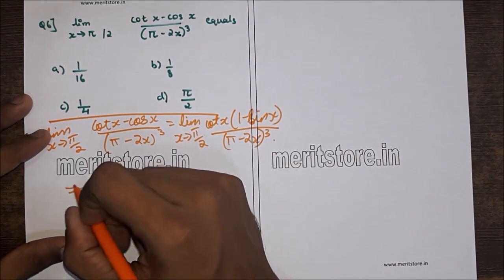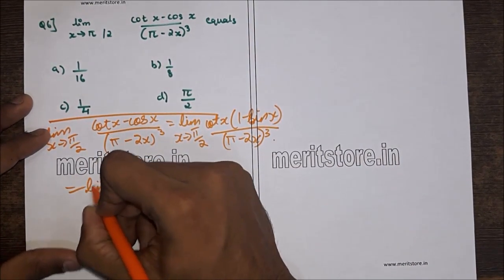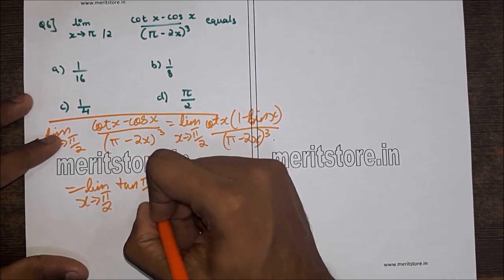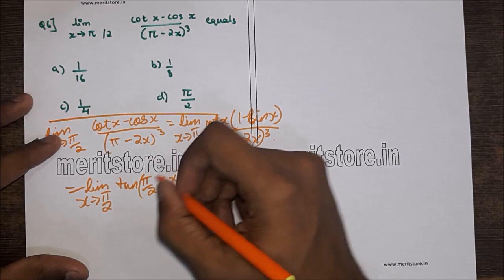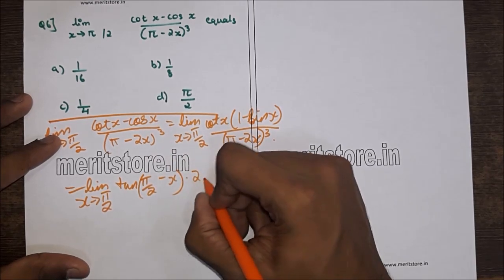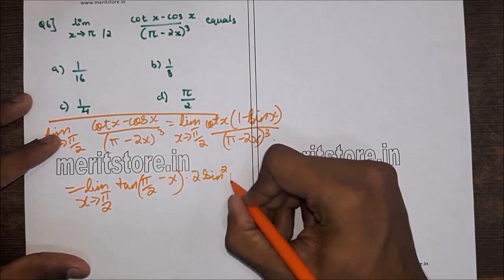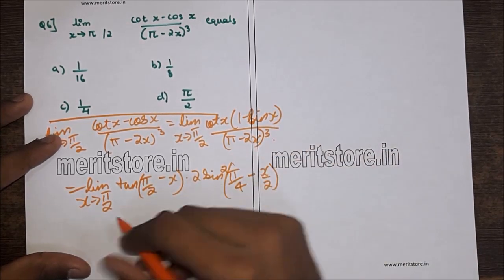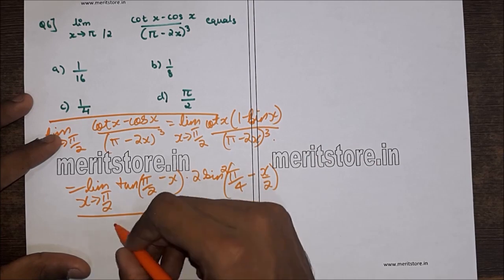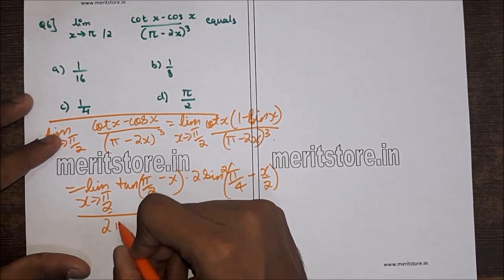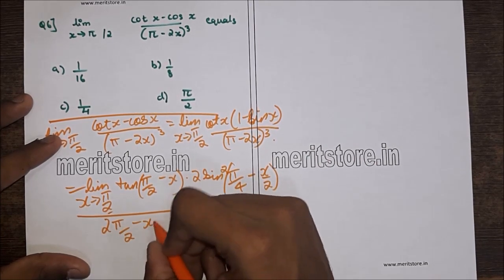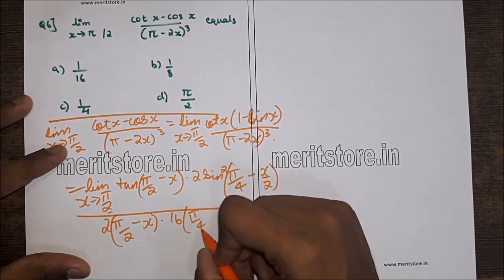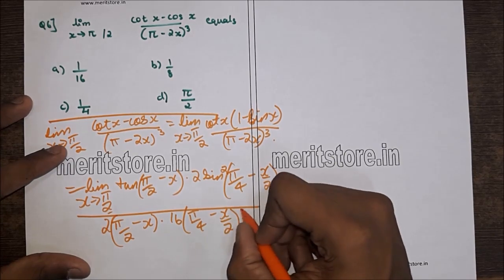Now this could be written as limit of x tends to pi by 2 tan of pi by 2 minus x into 2 sine square pi by 4 minus x by 2 upon 2 into pi by 2 minus x into 16 pi by 4 minus x by 2 the whole square.